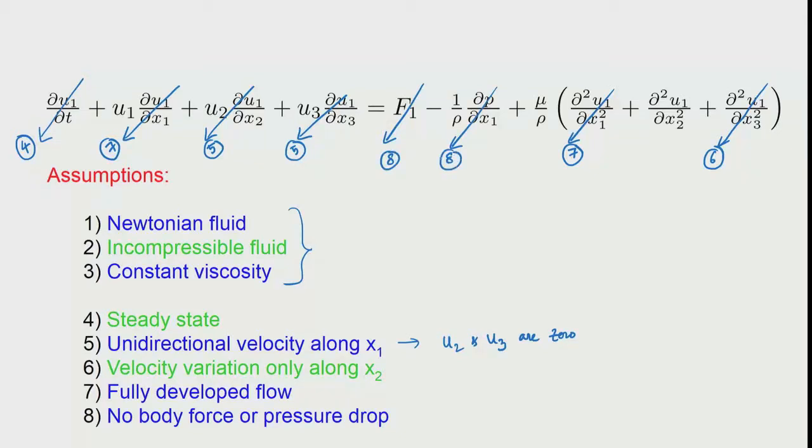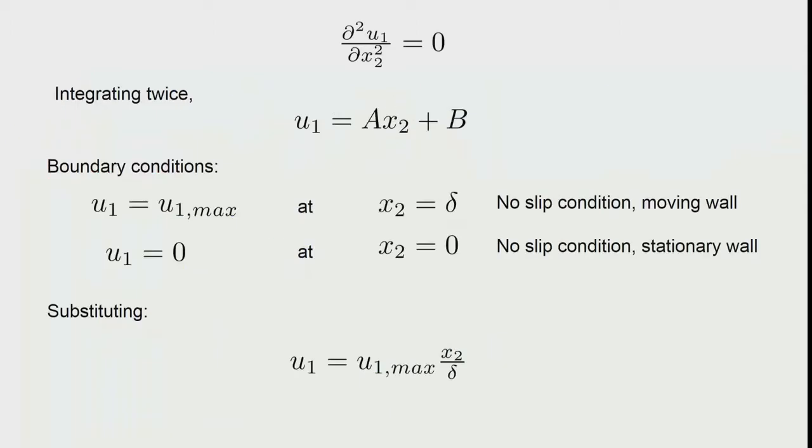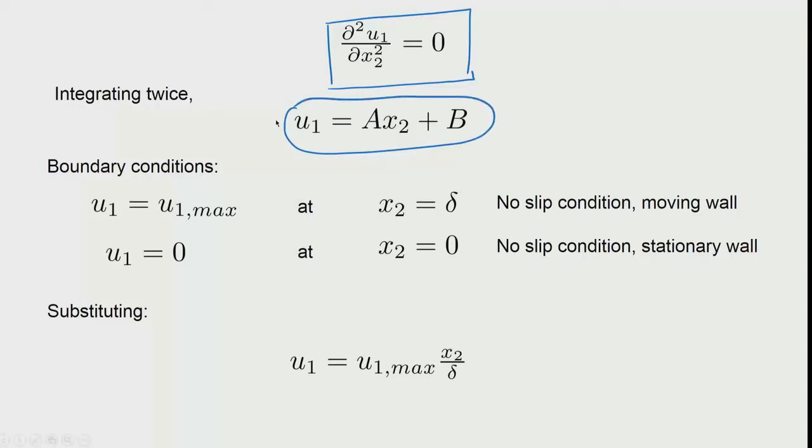This leaves us with only one term here, which is equal to 0, and therefore the equation appears in the simple form as written here, and you can immediately see that the solution should be a straight line, and that is the solution given here. When we integrate this twice we get ax2 plus b, and the integration constants are to be found from the boundary conditions which we have already mentioned.